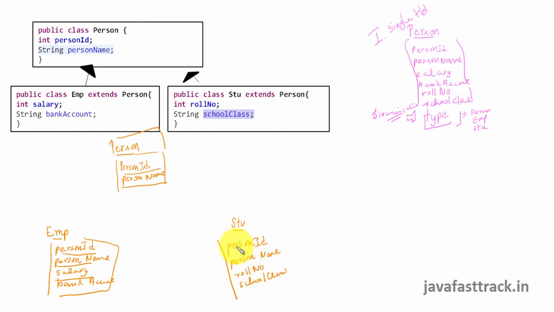So you create a table with these 4 columns. This is called as table per class strategy. It is called as table per class strategy. We have 3 classes, so we have 3 tables.